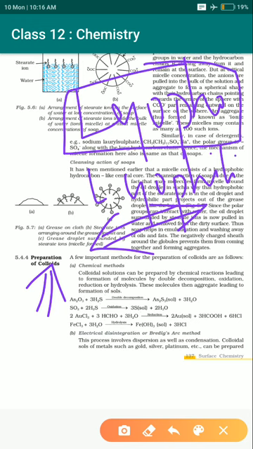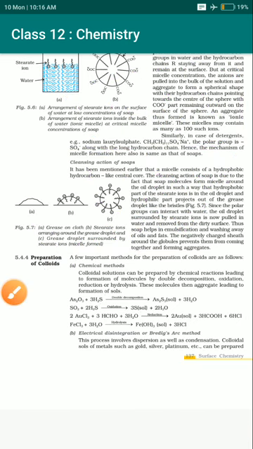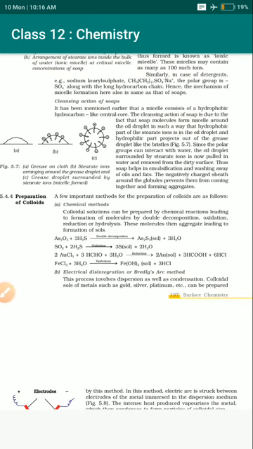So what we are studying in this topic is the preparation of lyophobic colloids.